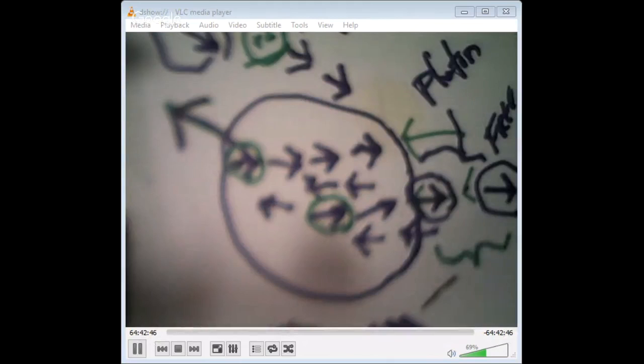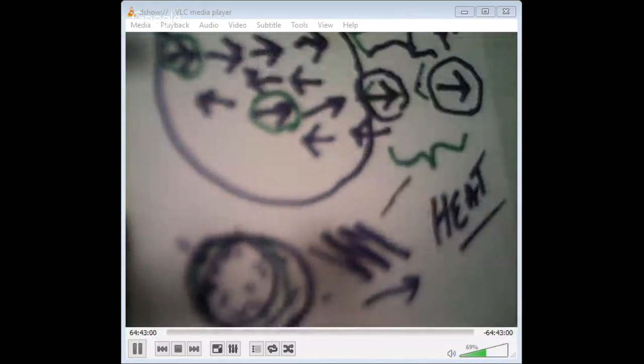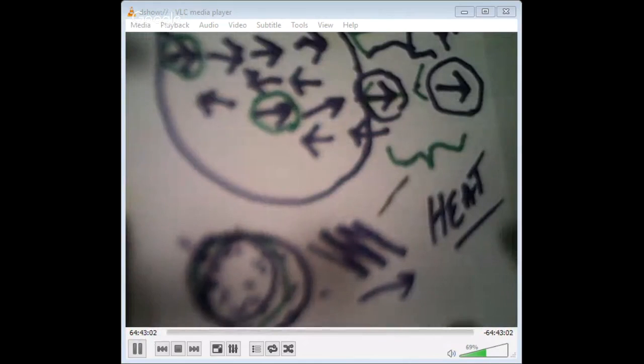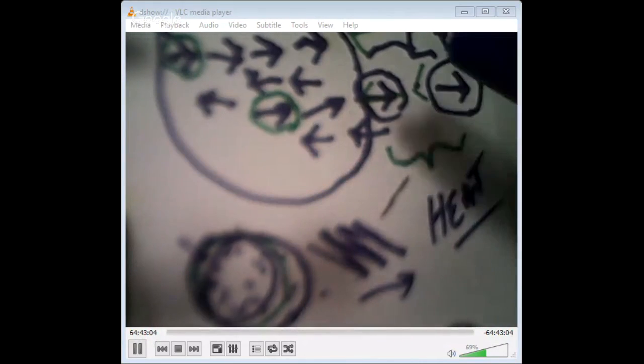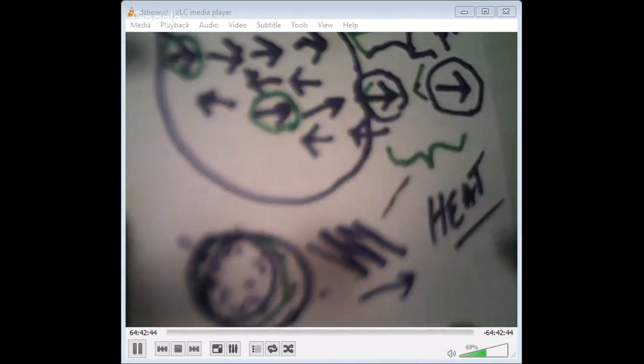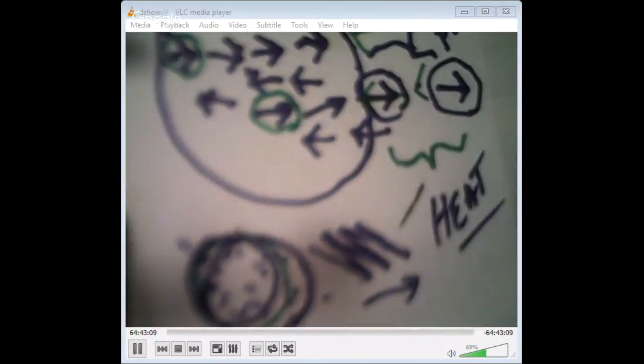So that's why in most cases, when photons hit matter, they end up being converted into heat, because the electrons they hit are moving. That would be my explanation for that. And they're moving perhaps in the direction opposite to the movement of the photon.